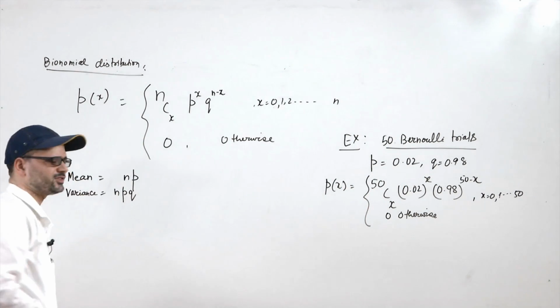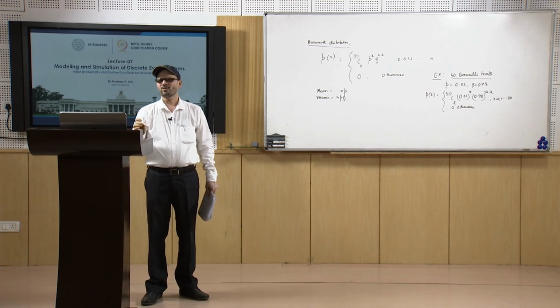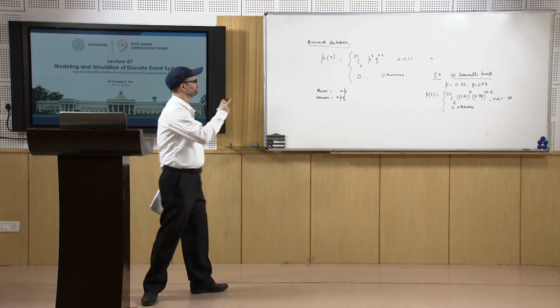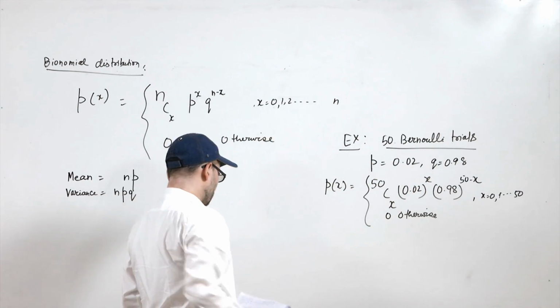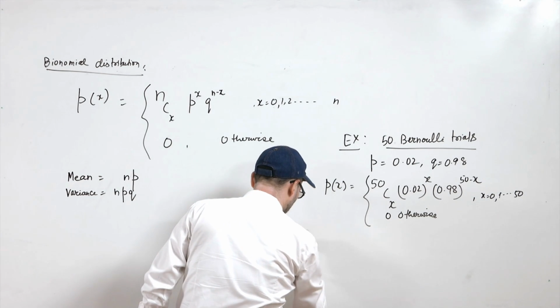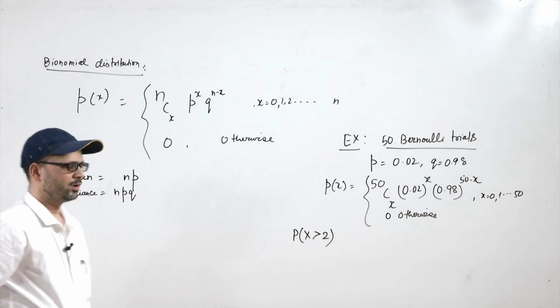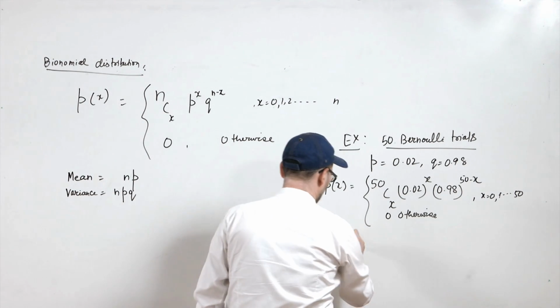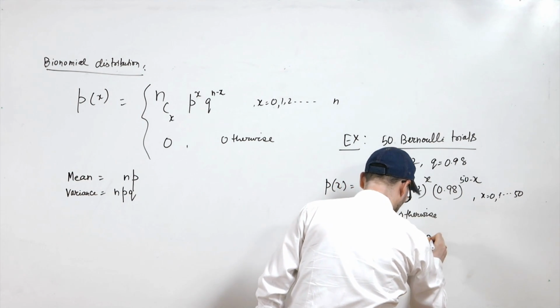Now, we want the probability that you will have more than 2 non-conforming chips. So, P(x more than 2) will be 1 minus P(x less than or equal to 2).